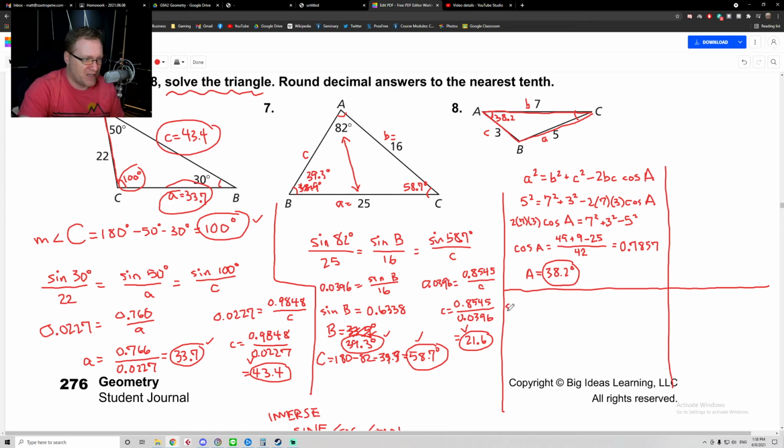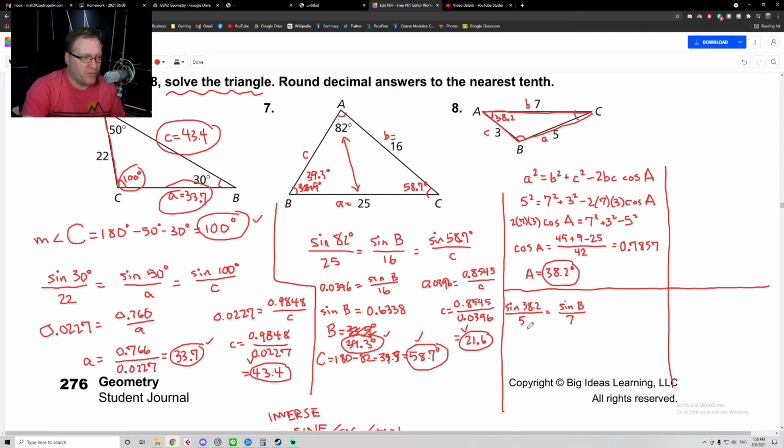So that means the sine of 38.2 divided by 5 has to equal the sine of, let's say we want to find angle B, the sine of angle B divided by 7. Okay, so we can solve this for sine B.